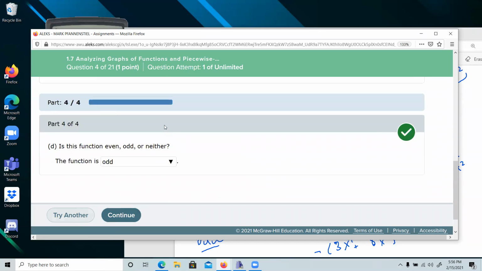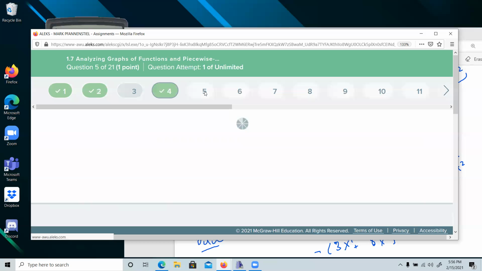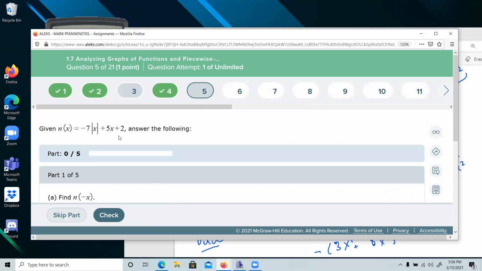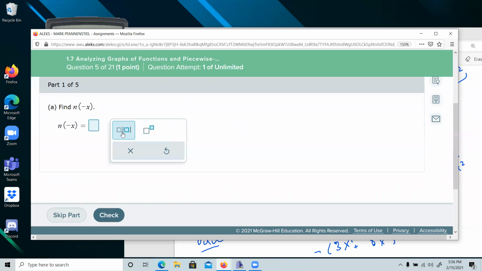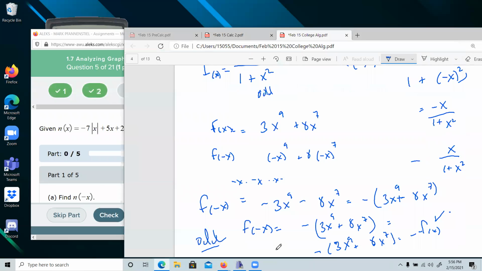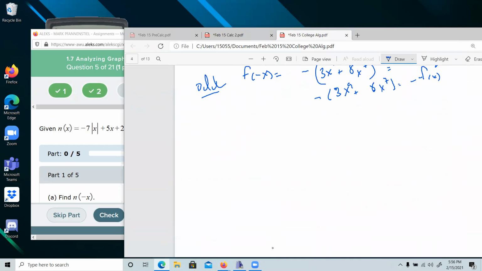All right. So let's see what we have over here. This one will be good because this will be a different answer. Okay. So we have negative 7 absolute value of x plus 5x plus 2. So let's try. Here's my f of x. Here's my f of negative x. They have negative 7, negative x, plus 5, negative x, plus 2. Well, the absolute value of negative x is just x. So this is negative 7x.